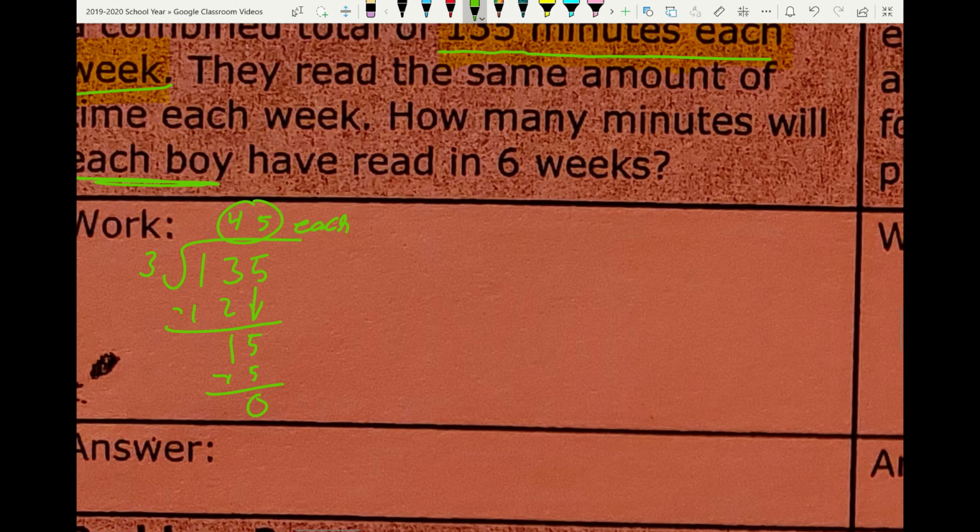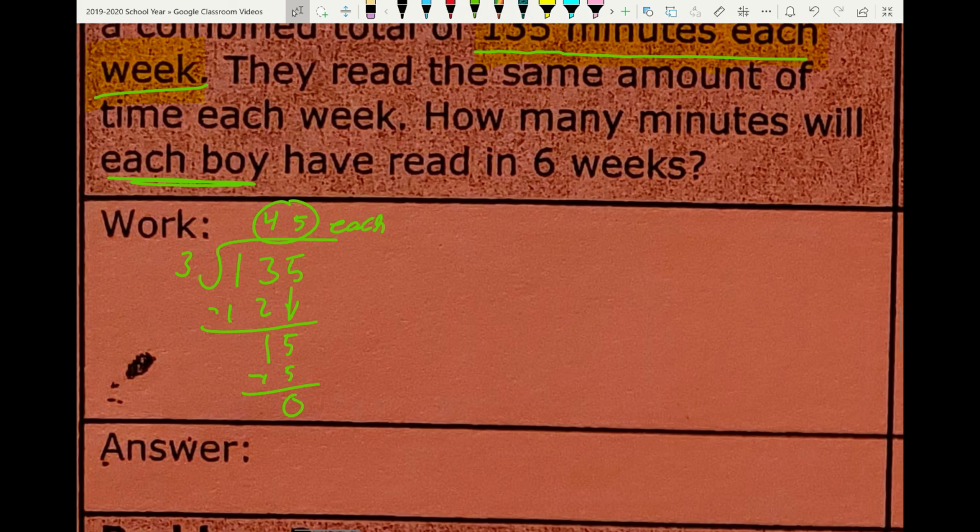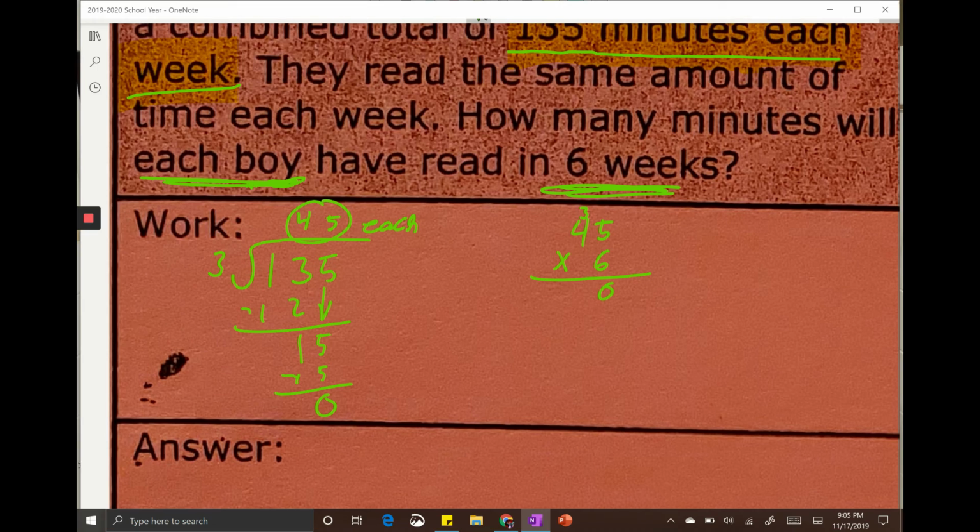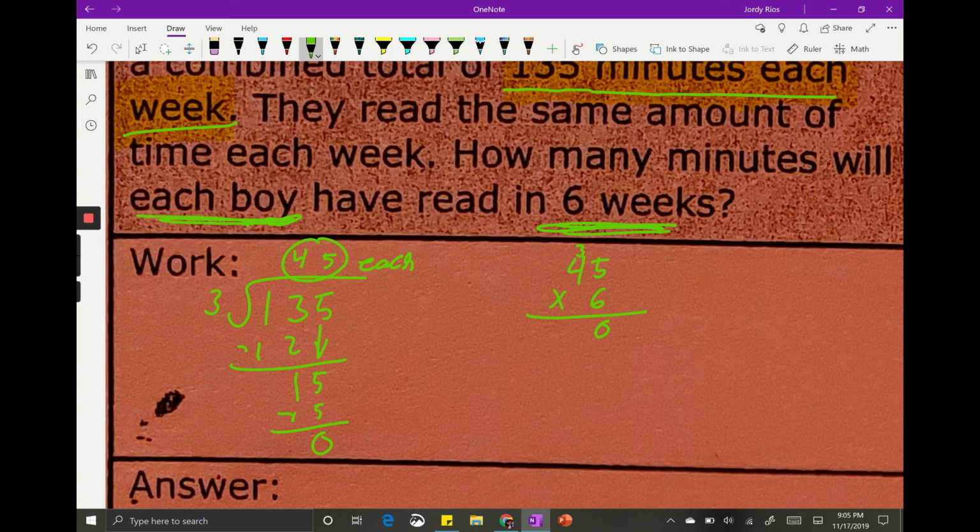Okay, well, we know now that each boy is going to read 45 minutes, but at the end we want to know after 6 weeks. So what I'm going to do now is multiply 45 times 6. 5 times 6 is 30. 4 times 6 is 24, plus my 3 up here is 27.